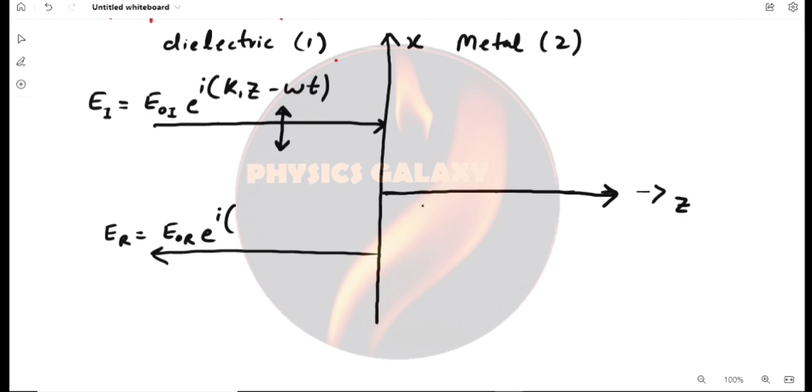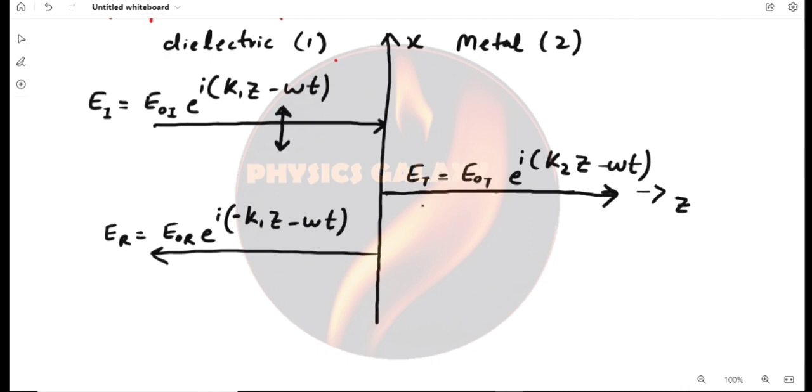Now what about the k vector? The k vector will be opposite of k1, so I'll write e to the power iota (minus k1 z minus omega t). For the transmitted light, E_T equals E naught t, the transmitted amplitude, times e to the power iota (k2 z minus omega t), because we're now in medium 2.